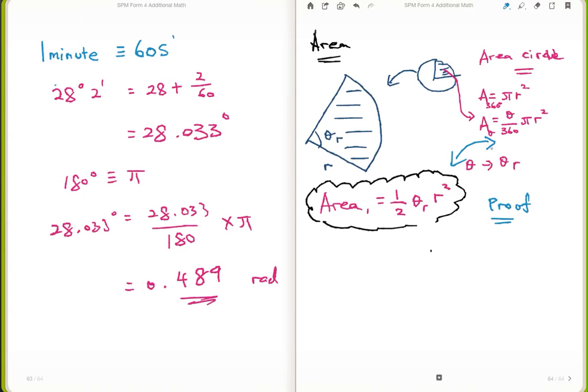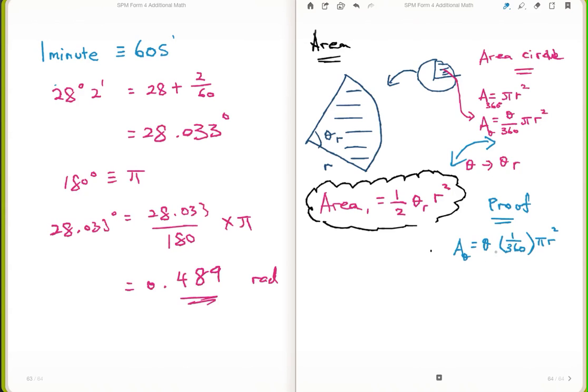Now, given that the area of a theta angle is basically, I separate them because I want to convert it, the theta to radian is equivalent to 1 over 360 pi r squared. This is not yet radian.